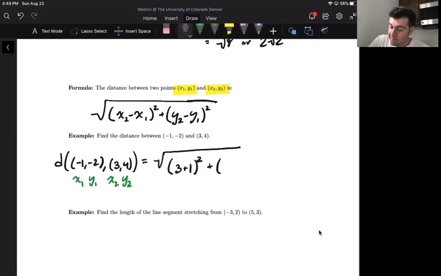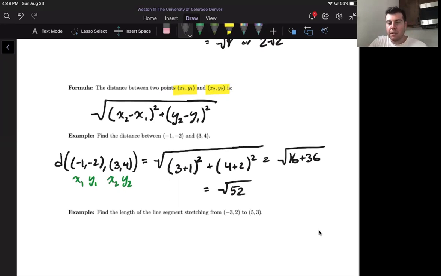Plus then 4 plus 2 squared, which is the square root of 16 plus 36, which is the square root of 52. And I think we can pull a 4 out of there, so that way we get it to actually be 2 root 13 as our final answer.